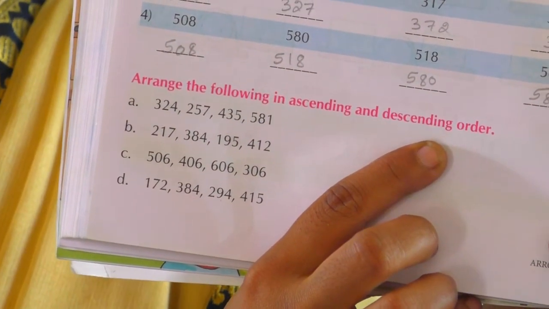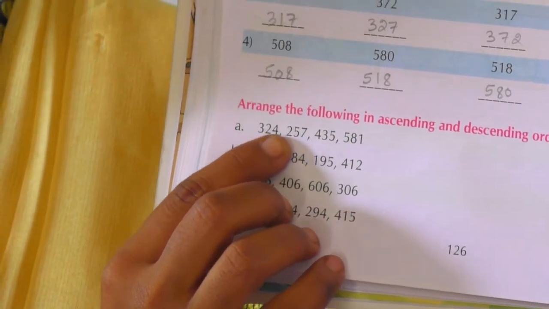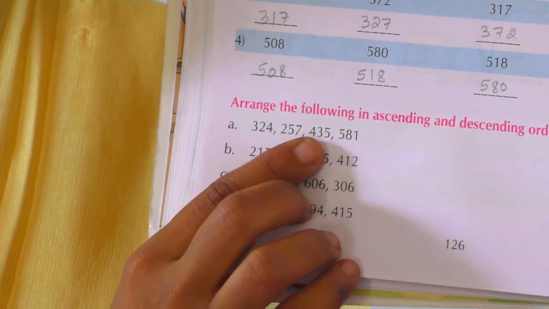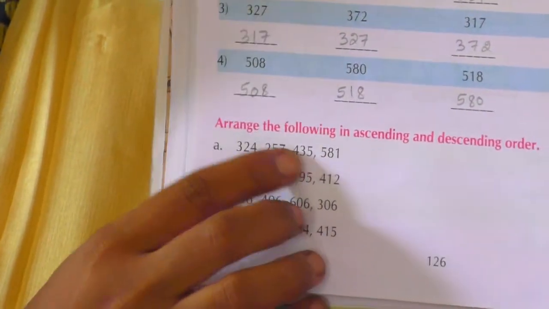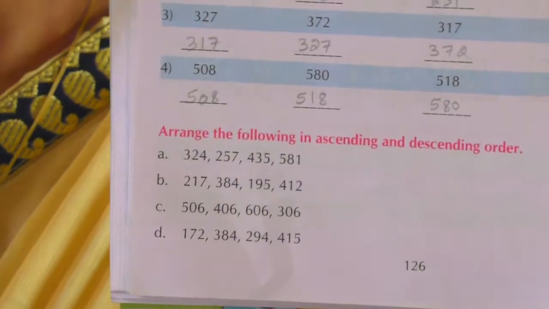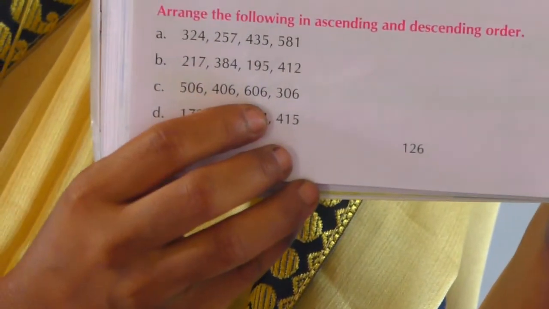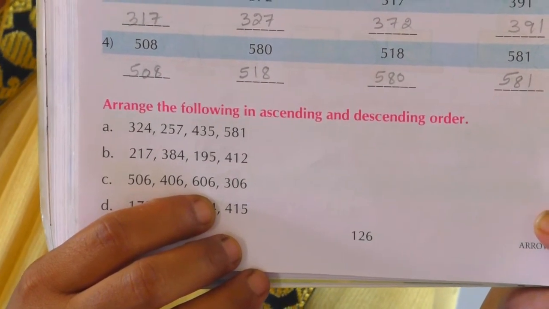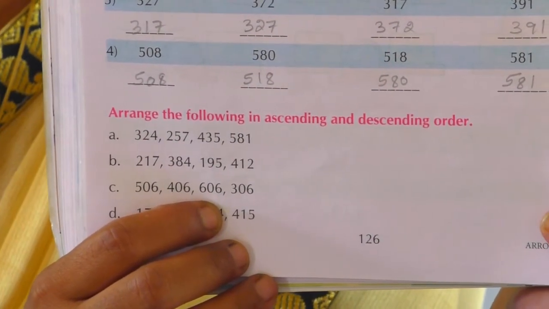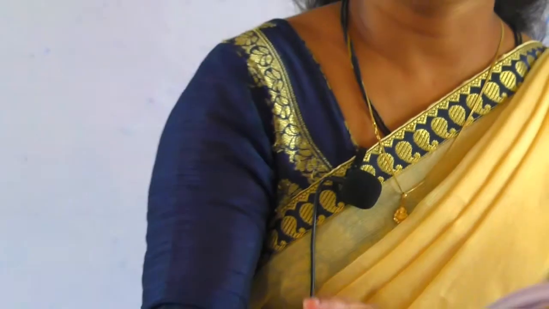This one first is 324, 257, 435, 581. You should write these numbers in ascending order as well as in descending order. Will you write? Yes. This is all about exercise 4.